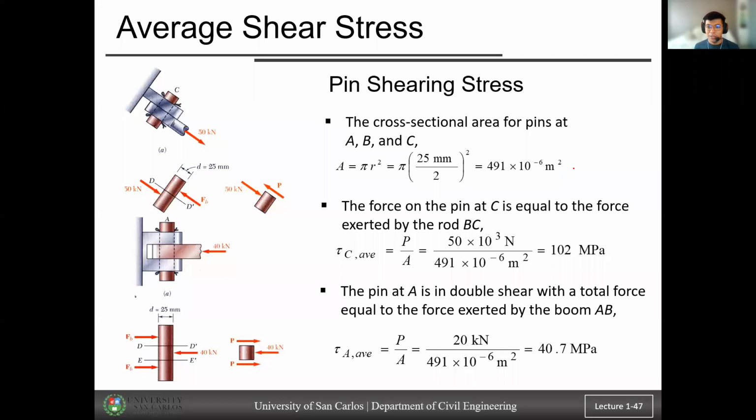Okay, so this one is the area. Again, this might seem like a different approach to the calculation, but the style is that the area is converted into meter squared, so that Newton over meter squared is megapascal. Earlier we did it in Newton over mm squared.